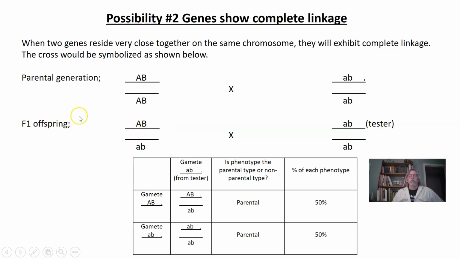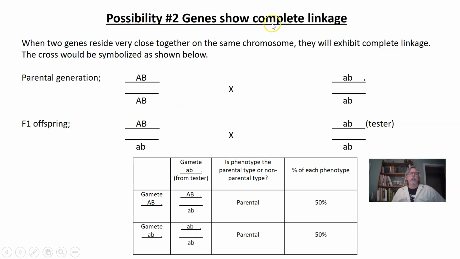This F1 would get 1 chromosome with both dominant alleles here, and 1 chromosome with both recessive alleles. All right, if then we set up a dihybrid test cross to a tester individual, then what would we get out of that?